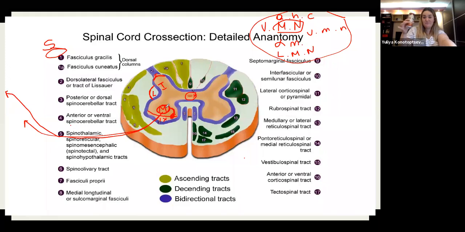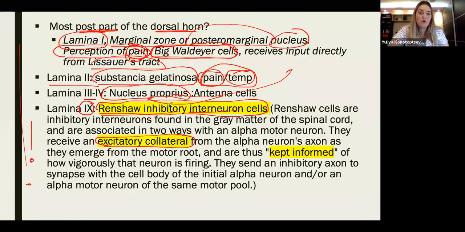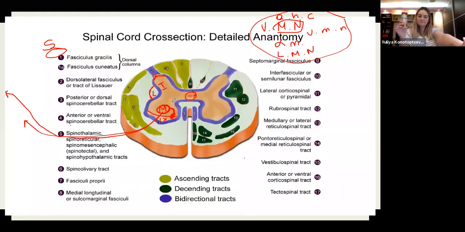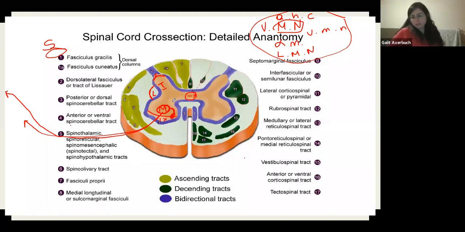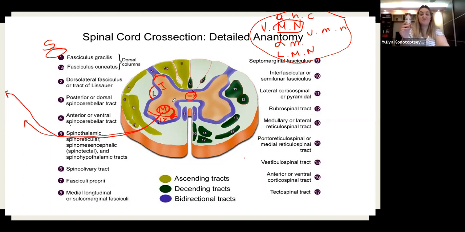Renshaw will feel it. Why do we call it Renshaw inhibitory interneuron? What do you think? It can inhibit the synapses. Yes, the Renshaw inhibitory interneuron has a very important job. It has a certain threshold. If alpha motor neuron starts firing too many action potentials towards the skeletal muscle, that means that Renshaw is becoming activated.